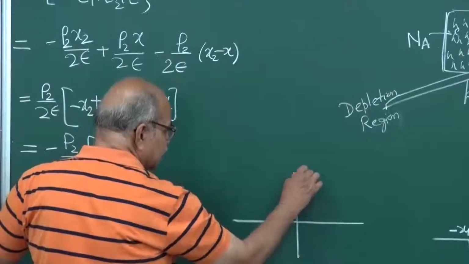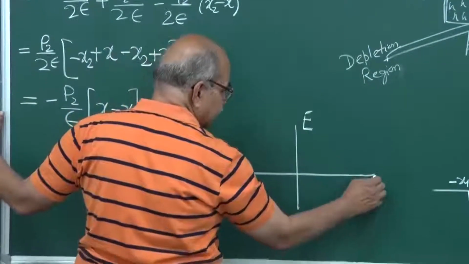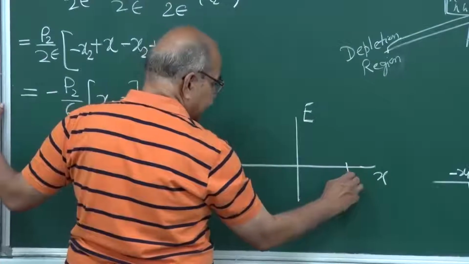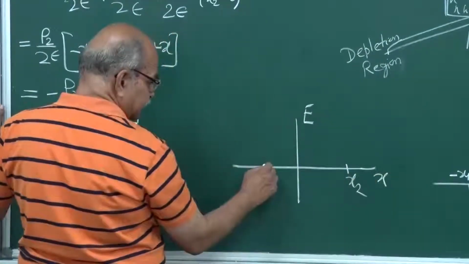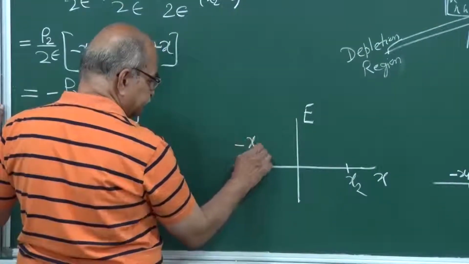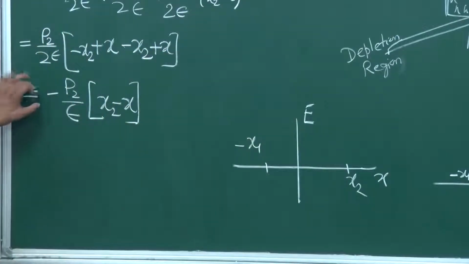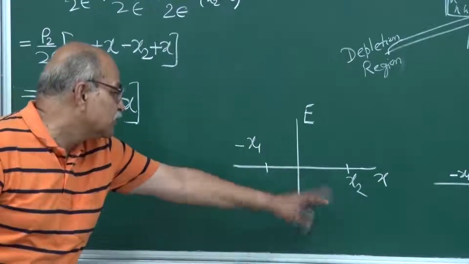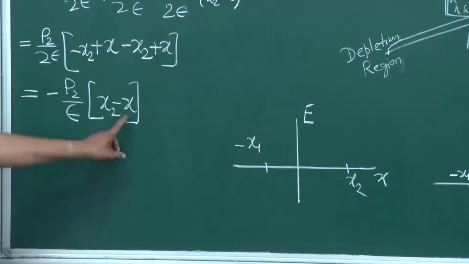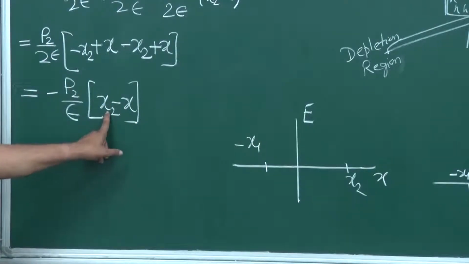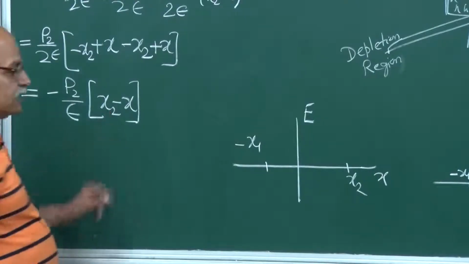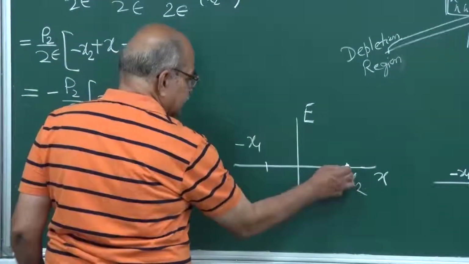Now I am plotting E here, and this is x. This is the point x2, and this is the point minus x1. I have calculated for this region only. This is negative, so the electric field will be on the negative side. At x equal to x2, the electric field will be 0.